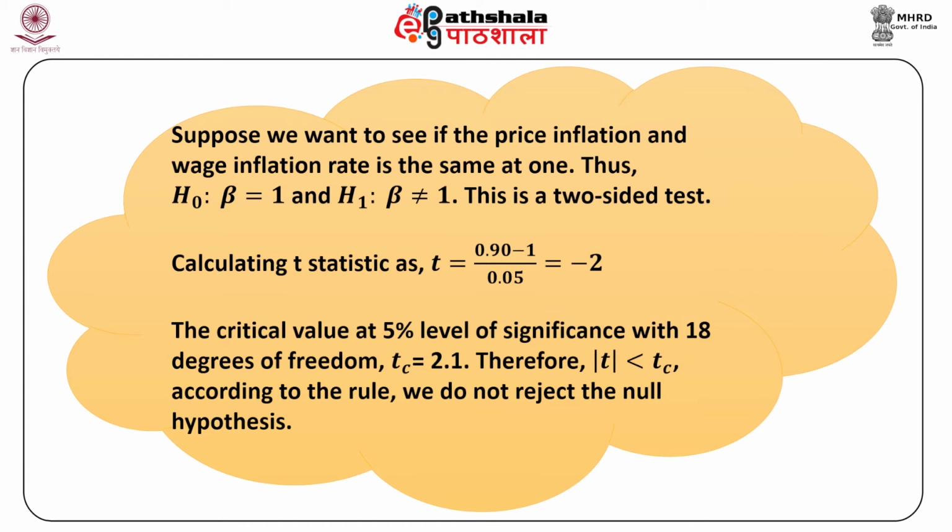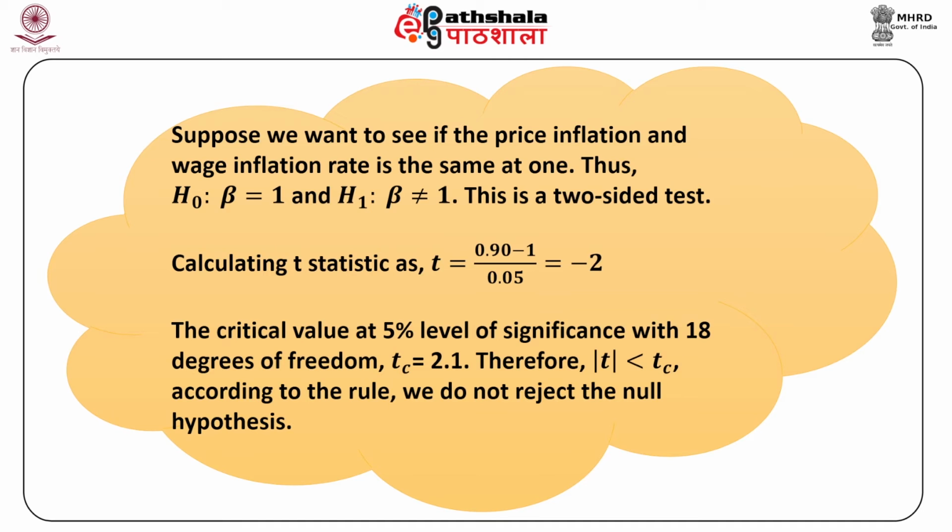Suppose we want to see if the price inflation and wage inflation rate is the same, that is, beta equal to 1. Thus, we set the hypothesis as H0: beta equal to 1 and H1: beta is not equal to 1. This clearly is a two-sided test.